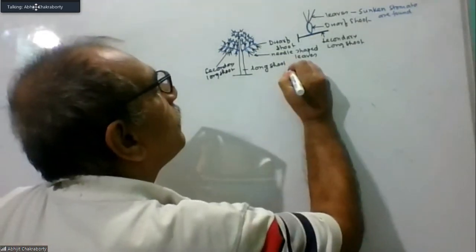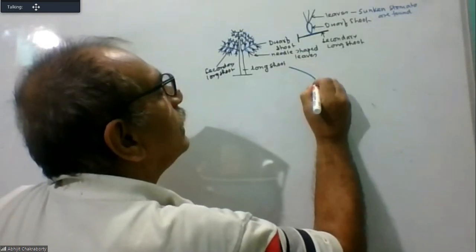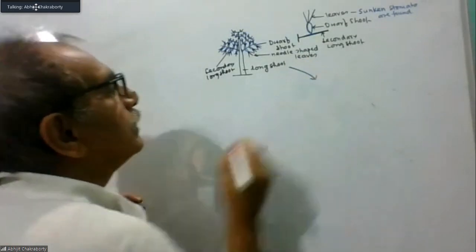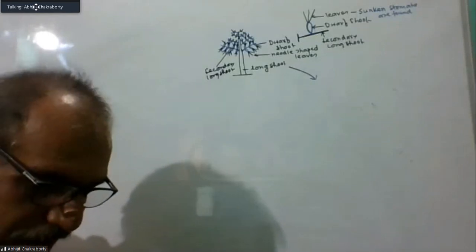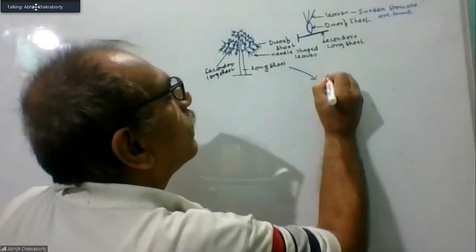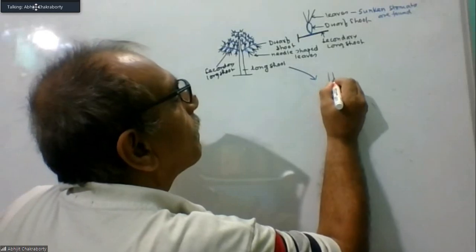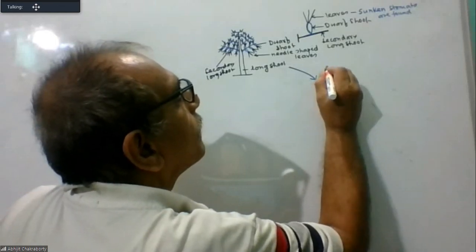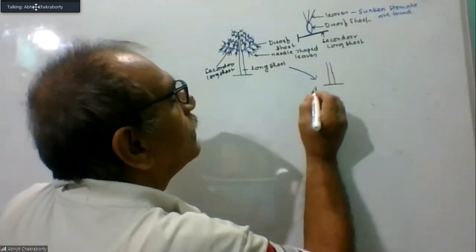Then comes its cones. You know, pine is monoecious. In the same plant, you will get the male cone and female cone. Like this, you see.